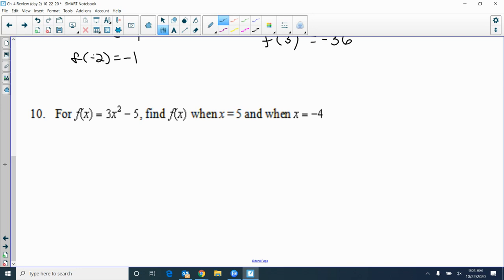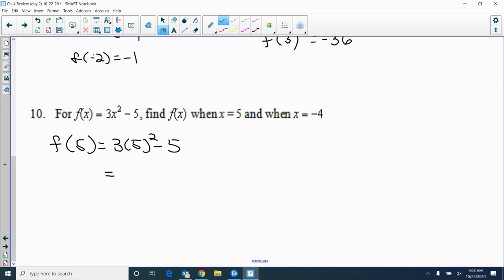Morgan, I don't think we got you yet. What's f of 5, for the second one? 60. So let's see here. x squared is 25 times 3. Double check that. 70.